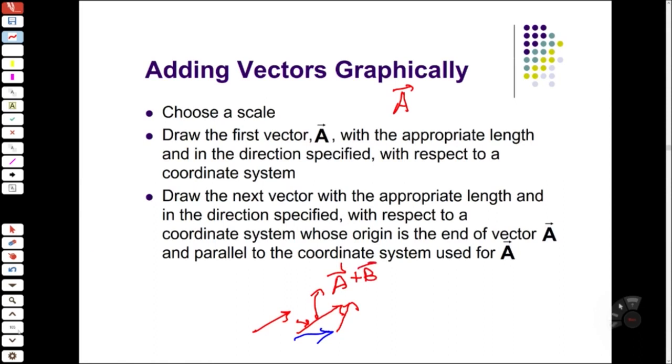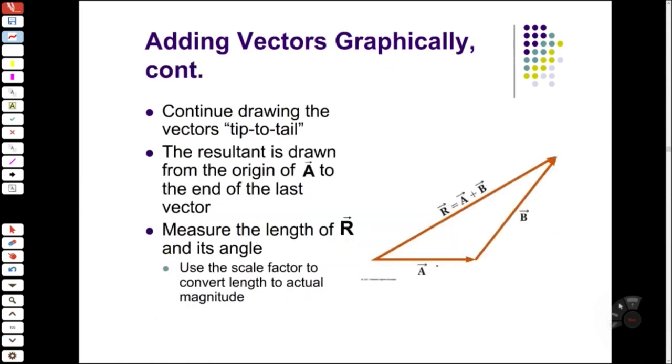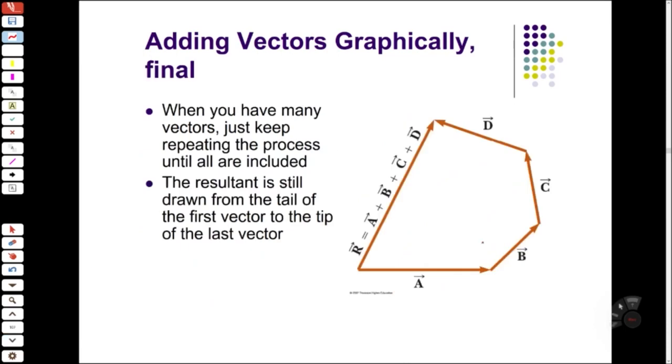Okay, you can see more clearly here. When adding two vectors, you start with A and wherever the vector B was, you just parallel transport it and match its starting point with the arrow of A, and R, the resultant vector, is given in this way. You can apply this to many vectors.